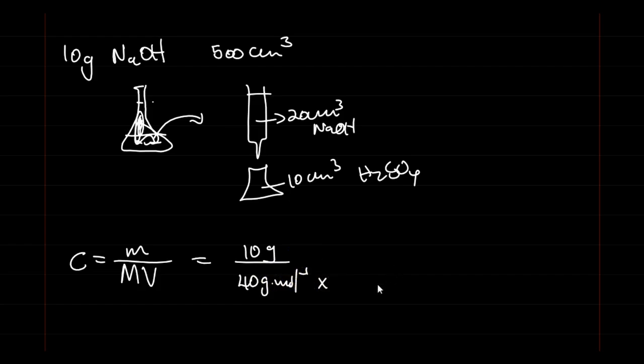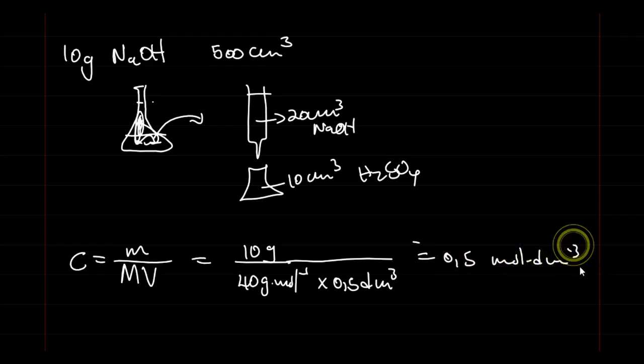The volume is 500 cubic centimeters divided by 1000, which is 0.5 decimeter cube. So the concentration is 10 divided by 40 multiplied by 0.5, and the answer is 0.5 mole per decimeter cubed of sodium hydroxide.